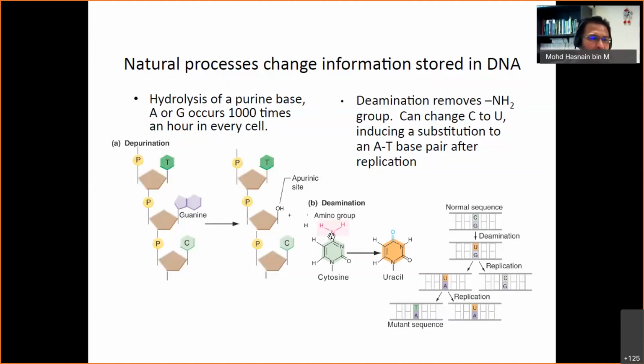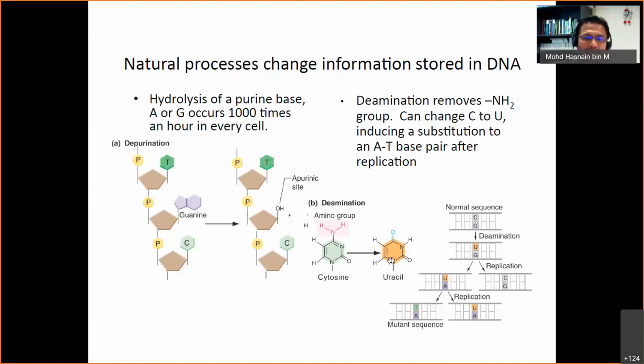When you remove this amino group through deamination, it becomes a hydroxyl, and the nitrogenous base cytosine now behaves as uracil. You know cytosine pairs with what? Guanine. I hope everyone guessed it correctly. But when the amino group is removed, it behaves as uracil.